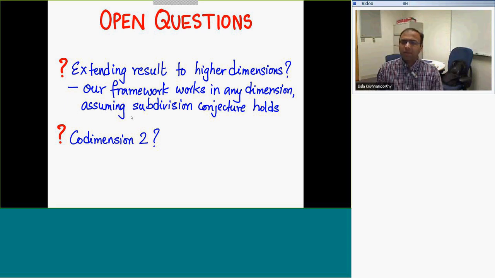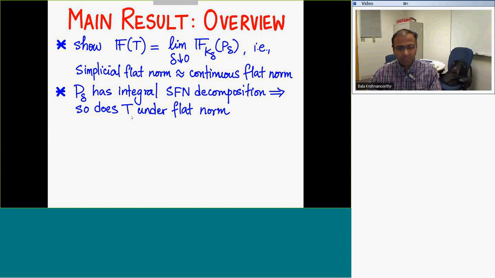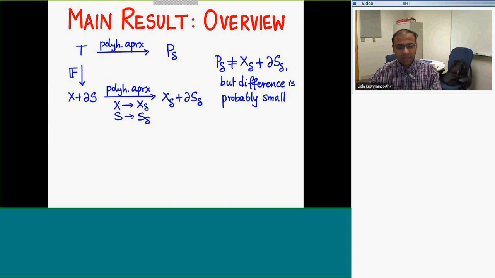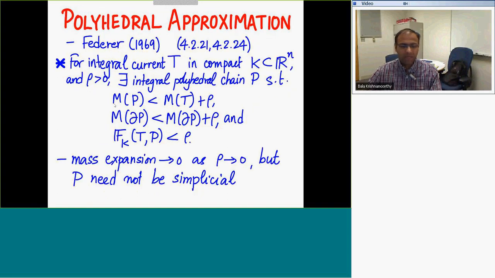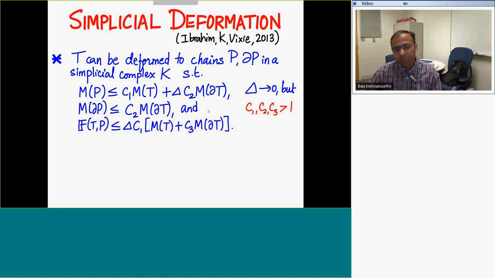You could think that way. The main reason for using the polyhedral approximation in between is that the errors in the polyhedral approximation are additive, so it is less than M_T plus delta, while if you push directly to simplicial, it is multiplicative. I see. So if you can get the integrality result for polyhedral approximations, then we are done.